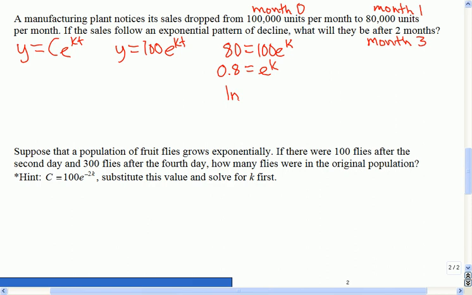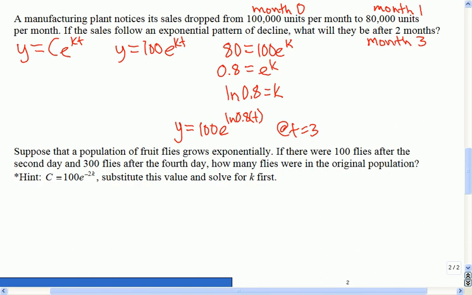So natural log of 0.8 is equal to k. So the model that I now have would be y equals 100 e to the natural log of 0.8 times the time. So if I wanted to know at month number 3, then I'll have to substitute in for time 3. And I'll see what that's going to give.